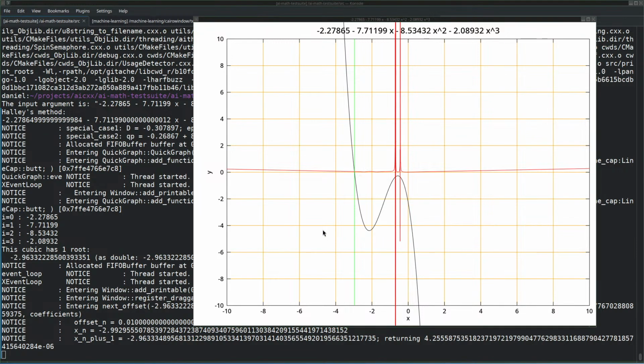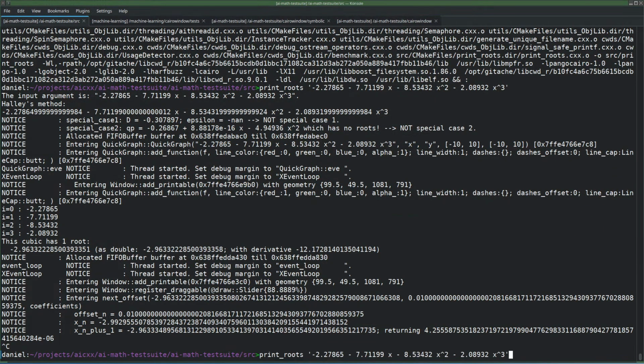I don't know. There's always a possibility that something is wrong. The values are not even useful.